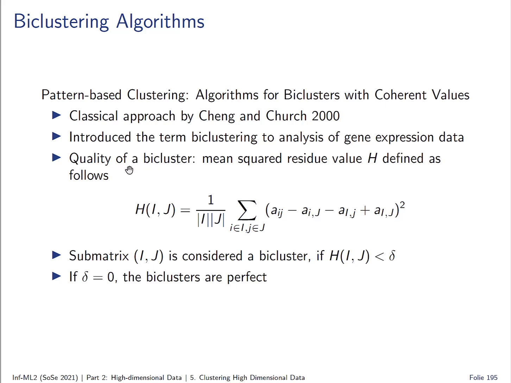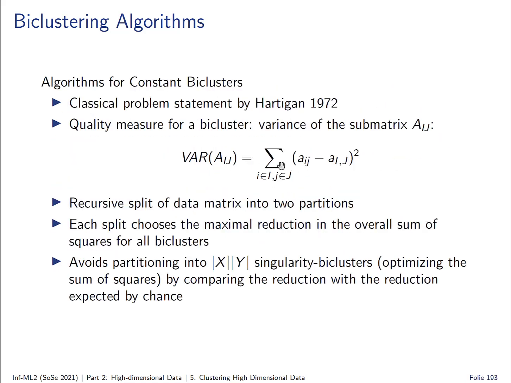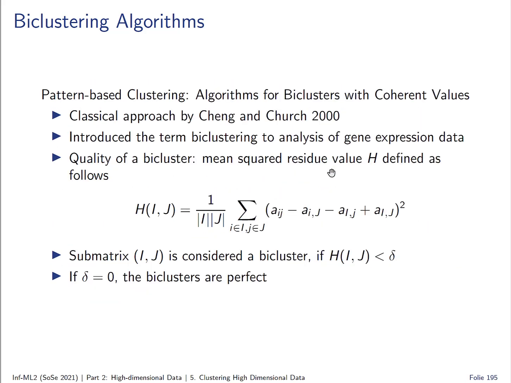So they come up with a quality measure for biclusters, like probably the same as Hartigan's quality measure for the constant biclusters, now for the model with rows and columns. They termed it the mean squared residue value, the term H, of a cluster defined by some rows and some columns. This is actually the same as before.